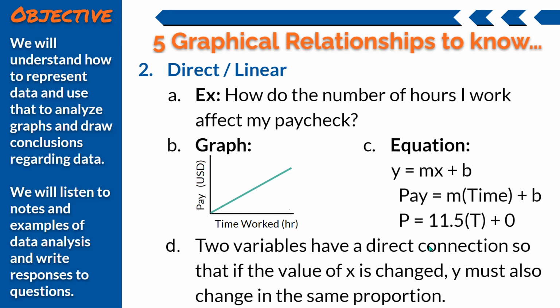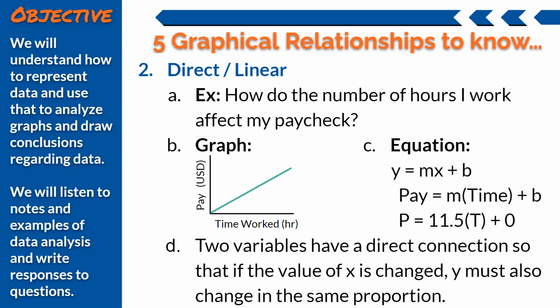The equation for a direct or linear graph is going to be in the format y equals mx plus b, but we're not going to use y or x. We're going to use the variables in our particular experiment or our particular graph. So in this case, I have pay on my y-axis equals whatever my slope is times time, which is on my x-axis, plus my y-intercept.